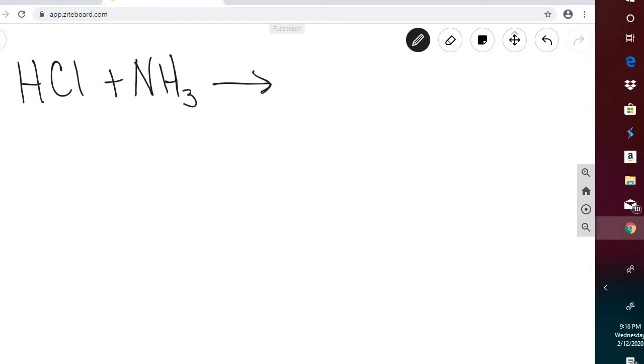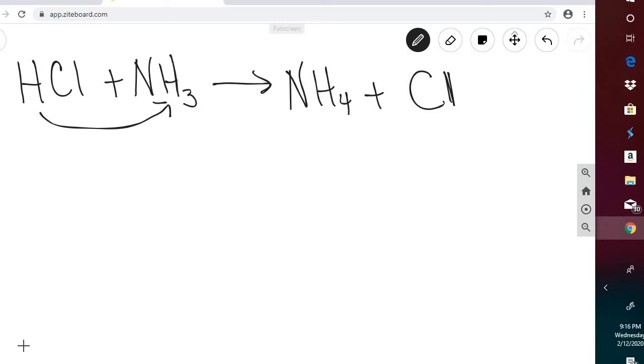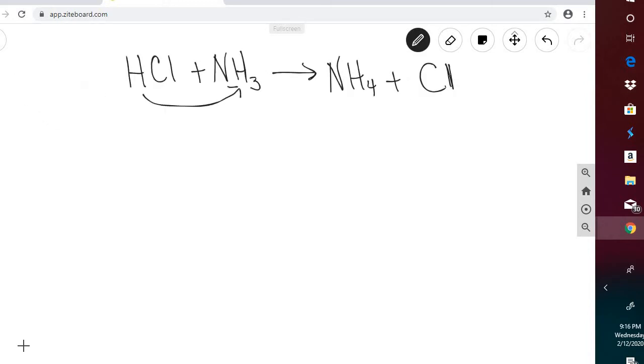So the hydrogen will be given to this to have NH4. And then you will have the chlorine left over. And then, let's see, there's 4, so that's balanced.